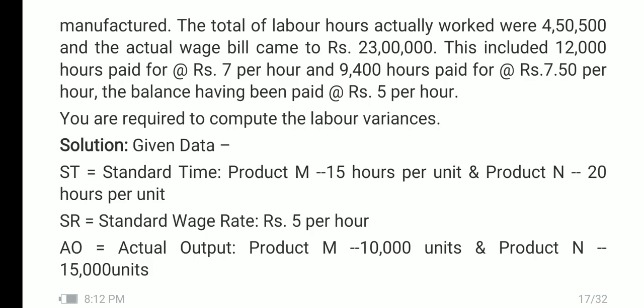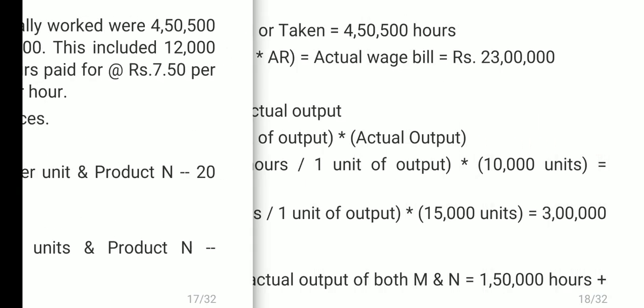Now, given data are noted here. ST is equal to standard time. Product M requires 15 hours per unit. Product N 20 hours per unit. SR, standard wage rate, is rupees 5 per hour. AO stands for actual output. Product M 10,000 units and product N 15,000 units.